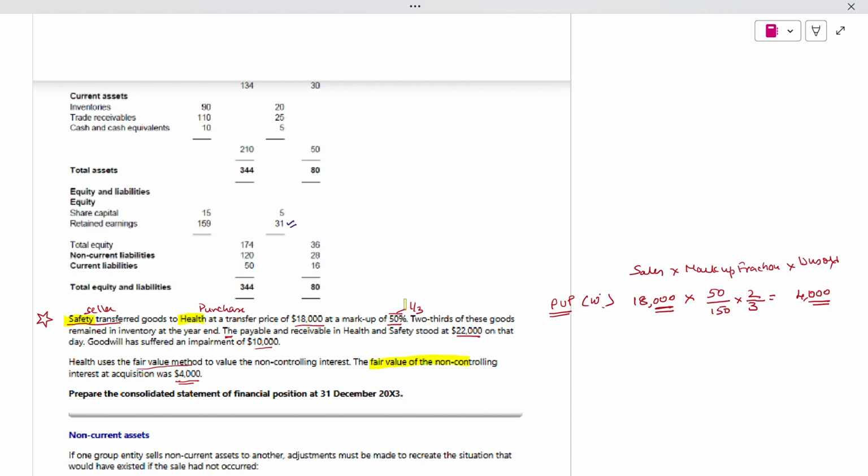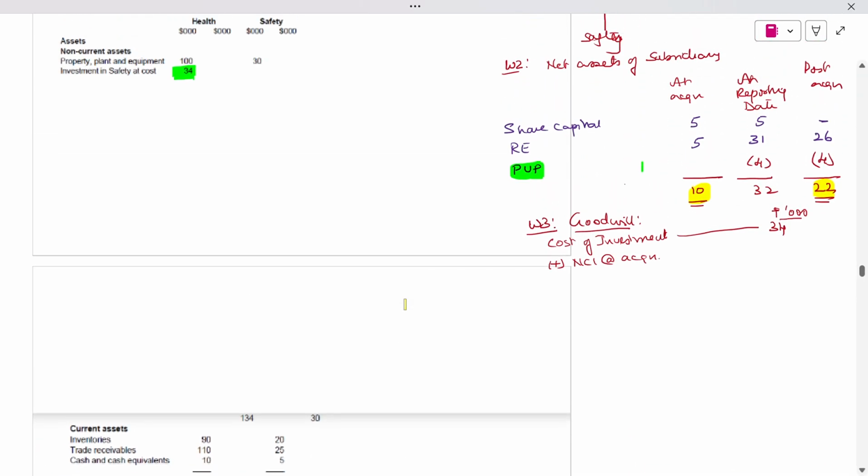The fair value of NCI at acquisition is 4,000. Okay. Next, how much will you get? 38. What do you have to do next? Minus net assets at acquisition.